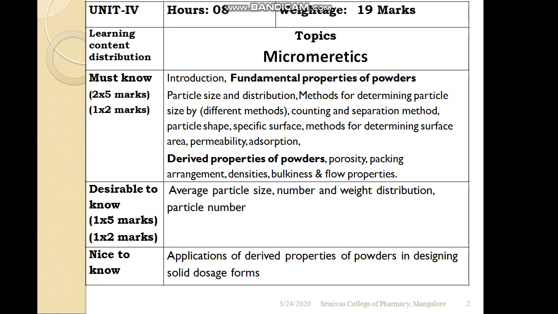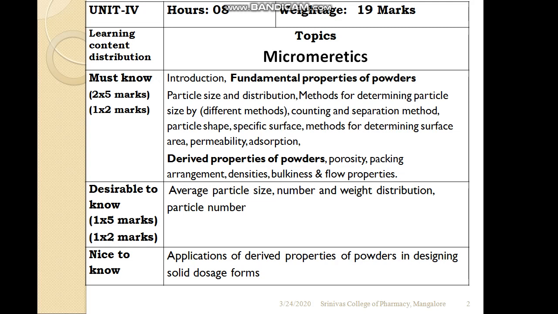See, if the particle size is very big, we can easily characterize those particles either by weighing or by measuring the surface areas, measuring the volumes. All this we can characterize easily.